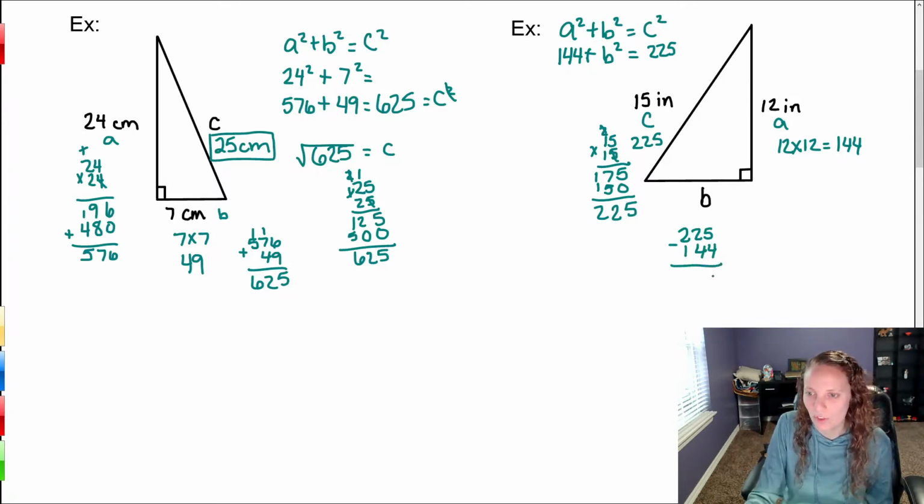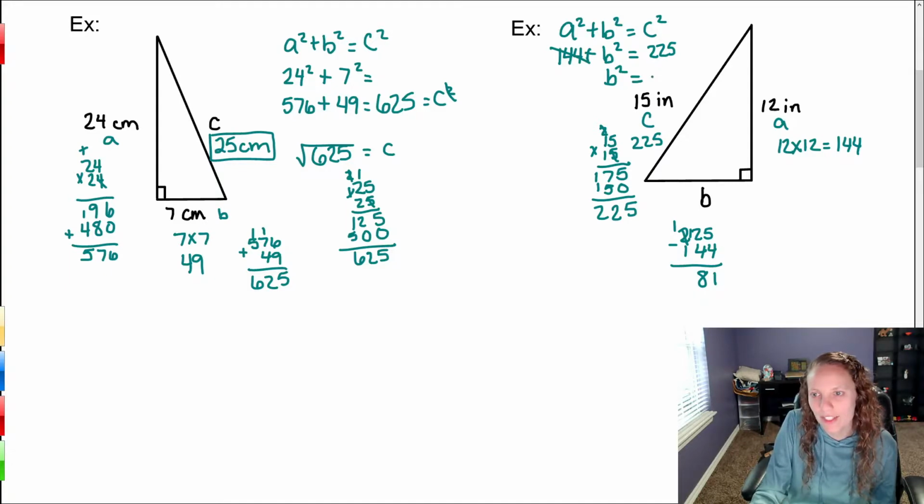Five minus 4 is 1. Borrow from the 2, make this a 12. 12 minus 4 is 8, and then 1 minus 1 is just 0. So when we subtract, that canceled away the 144, and now we know that b squared is equal to 81.